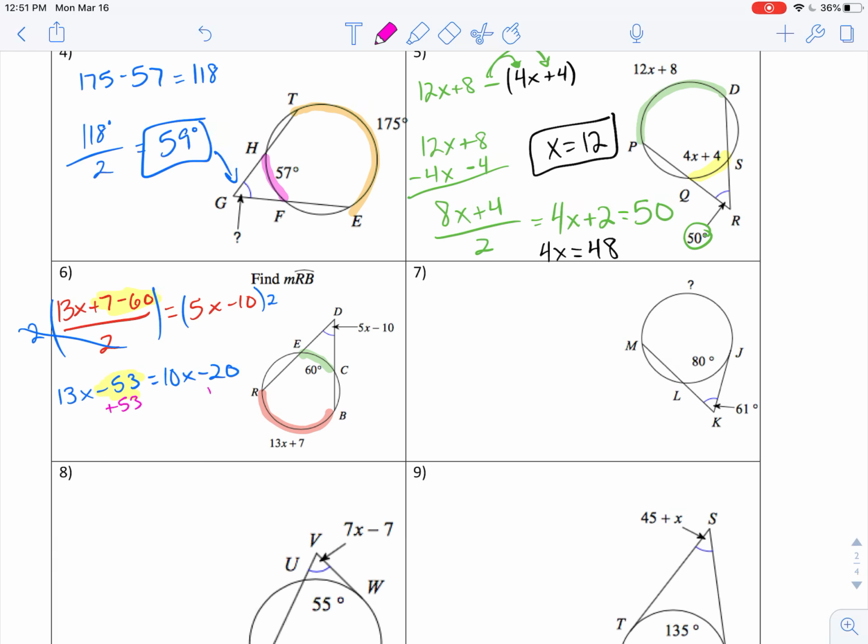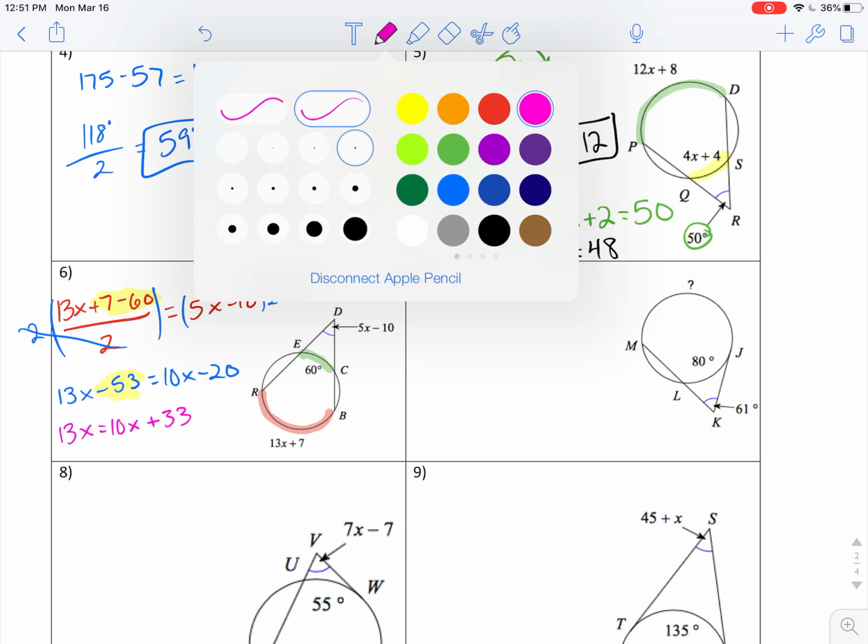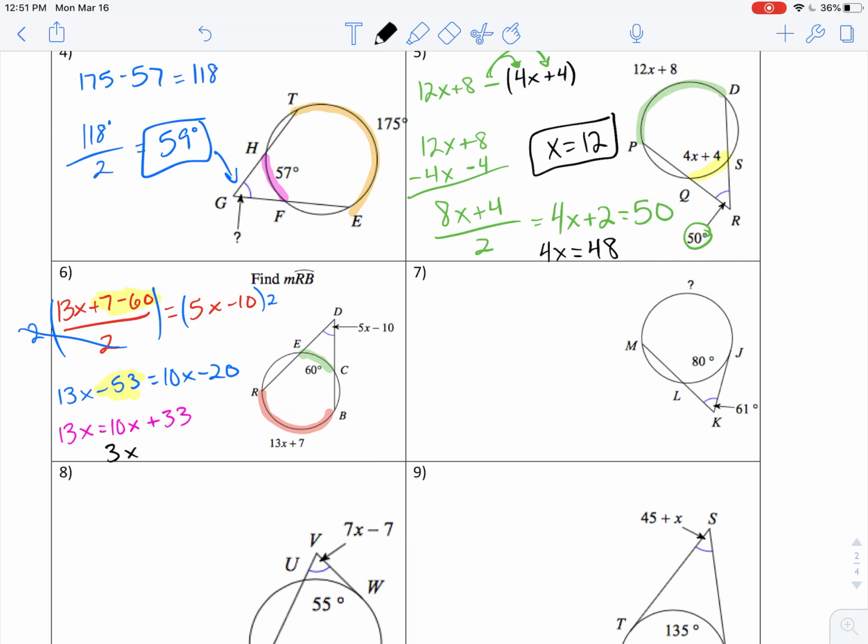I can add 53, add 53, and get 13x equals 10x plus 33, subtract 10x, subtract 10x, so 3x is 33, which means that x must be 11.